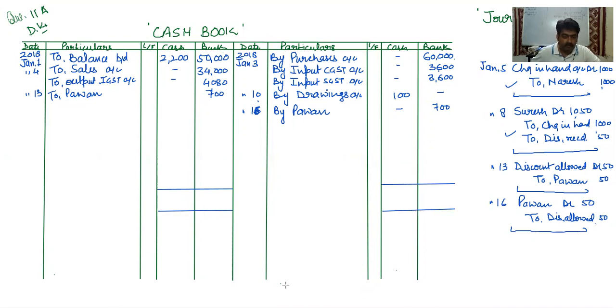So debit total of cash is 2200. Only opening balance is there, 2200, and you can see only one payment is this, that is rupees 100. So balance of cash is coming rupees 2100.